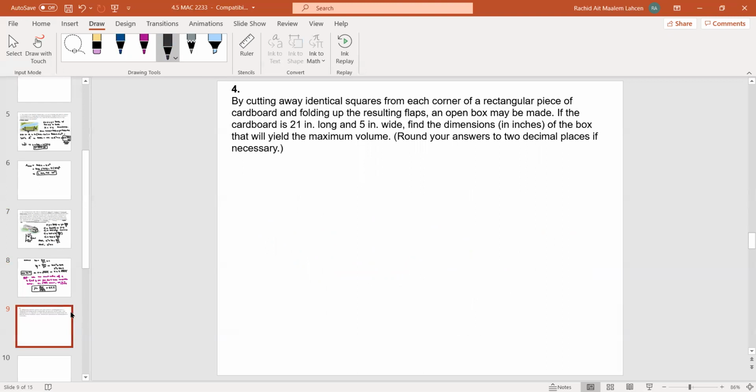So let's see number 4. By cutting, this is another traditional problem that's usually done in optimization. By cutting away identical squares from each corner of a rectangular piece of cardboard.